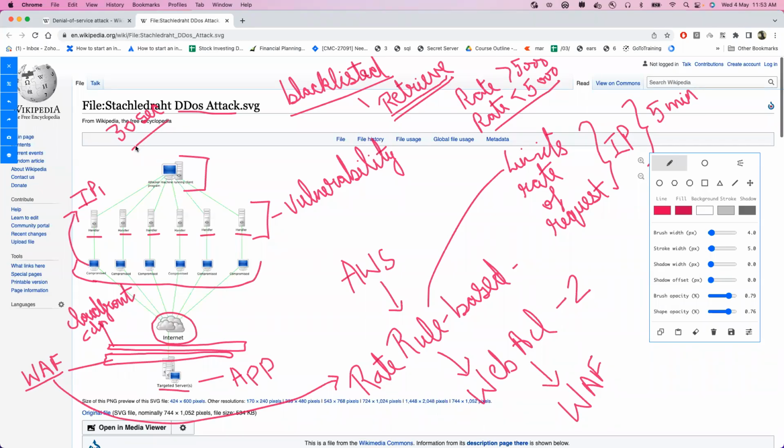Over the period of 30 seconds, it is possible that your attacker might already send too many requests. So suppose the attack vector is very big. It is going to look for 30 seconds, determine the IPs and the rate at which those IPs are sending requests. But if the attack vector is even higher than that, then within the period of 30 seconds, you might already receive too many requests. This is one of the key caveats.